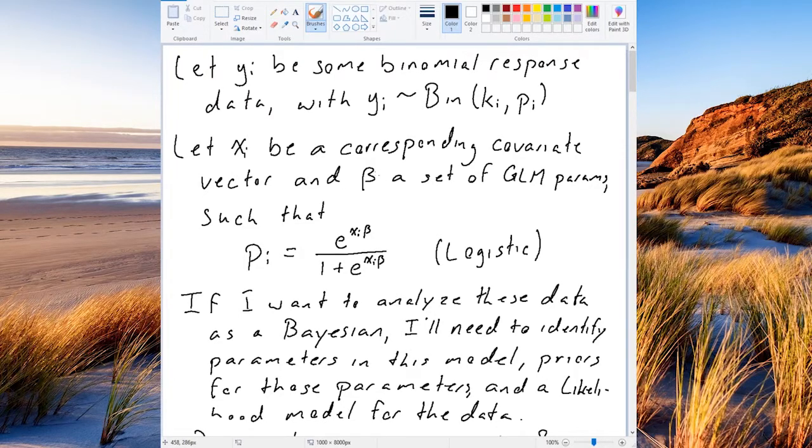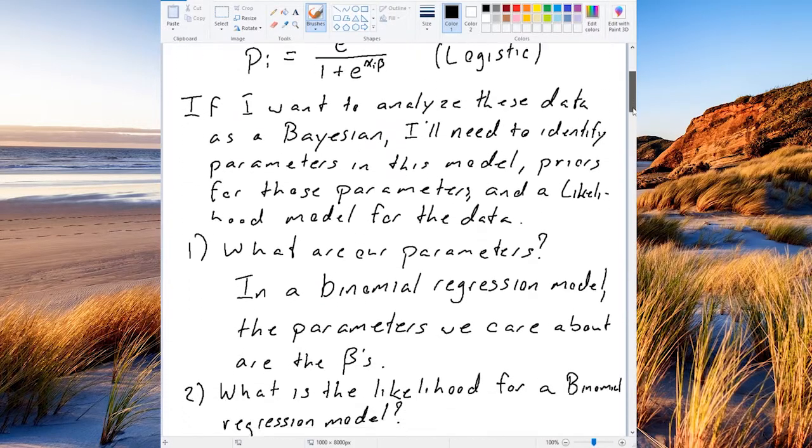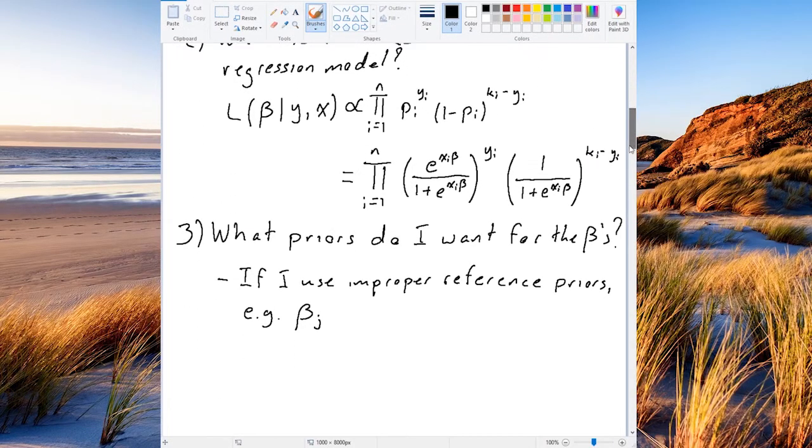I would have my intercept beta term where my X matrix would just contain a column of ones to correspond to that intercept, and then I'd have actual X data for some covariate in the second column and a beta corresponding to that. So let's let j down here be an index over the number of covariates that we're dealing with, the number of columns in our X matrix.